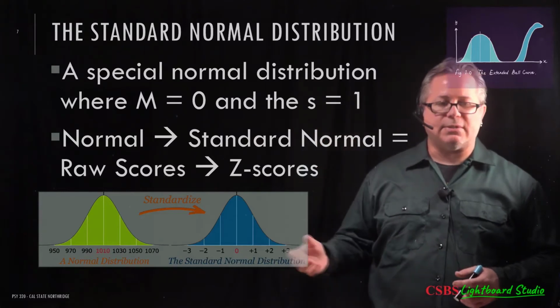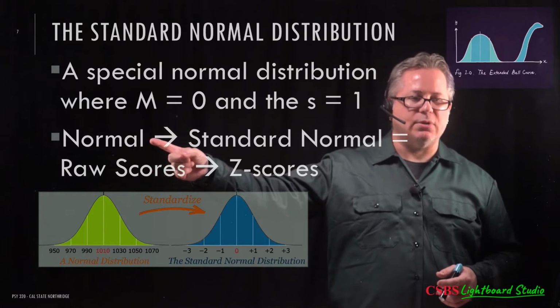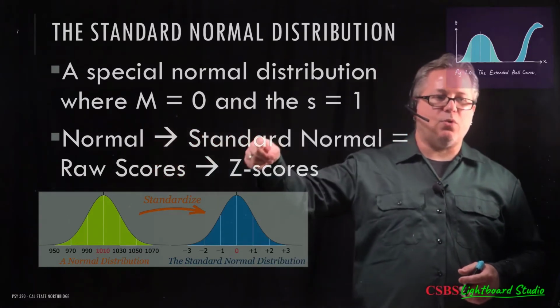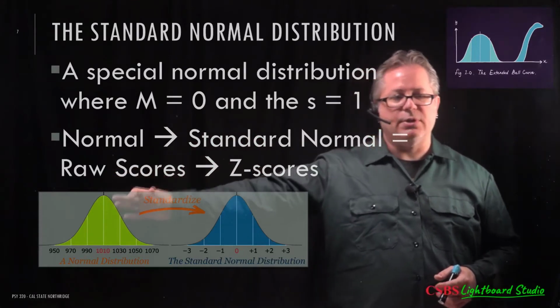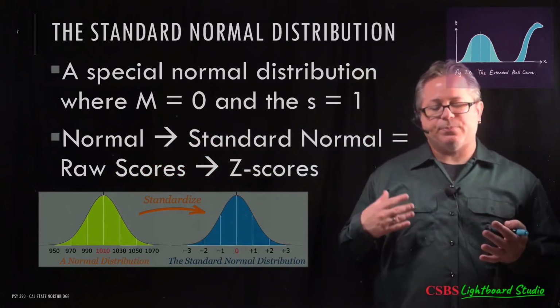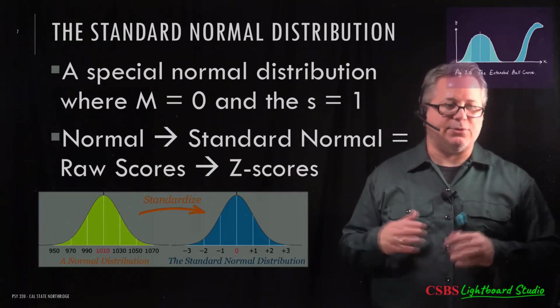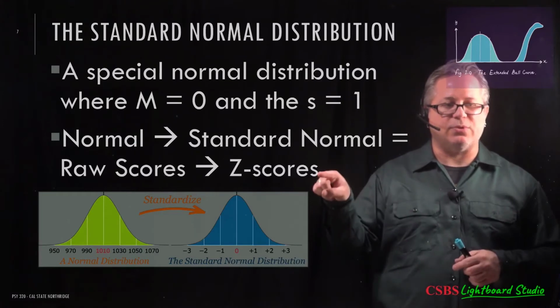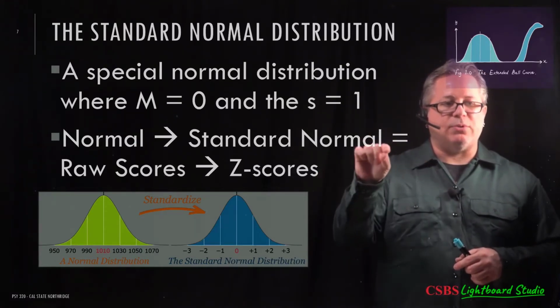So the process of taking a normal raw score distribution and converting it into a standard normal distribution is the process of going from raw scores to z-scores. So when you hear standard normal and you hear z-scores, I want you to realize that those two things are the same thing. They're not two different processes or two different things. It's just the z-scores are the individual standard scores within a standard normal distribution.